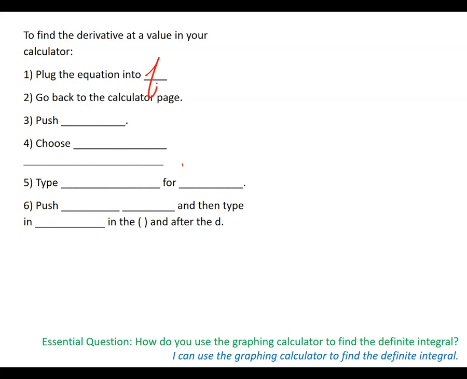So we're going to plug the equation into F1. Go back to the calculator page. Push menu. Choose numerical. Let's see if I'm right about this. Derivative. That's just numerical. Derivative at a point.